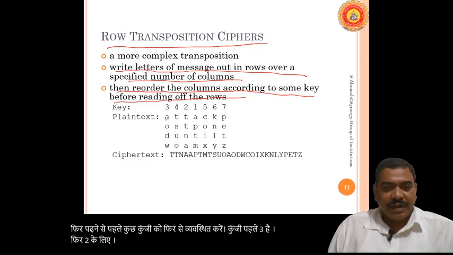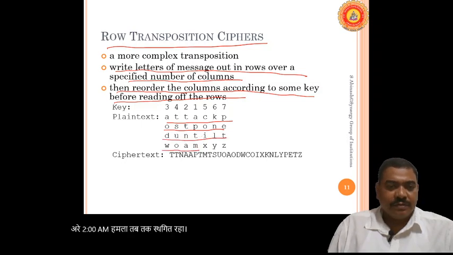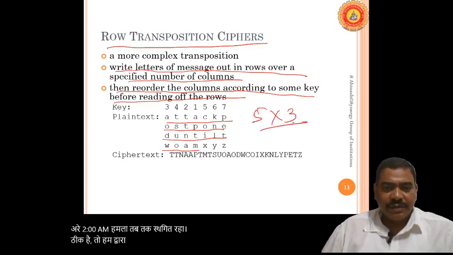Suppose the plain text is: attack postponed until 2 a.m. We have to arrange the plain text using some matrix, let's say a 5 by 3 matrix or a 5 by 4 matrix.